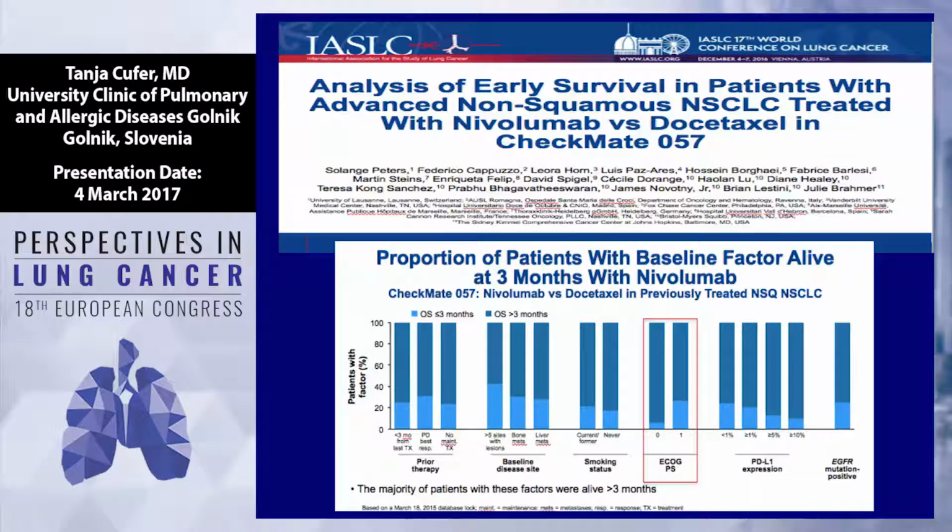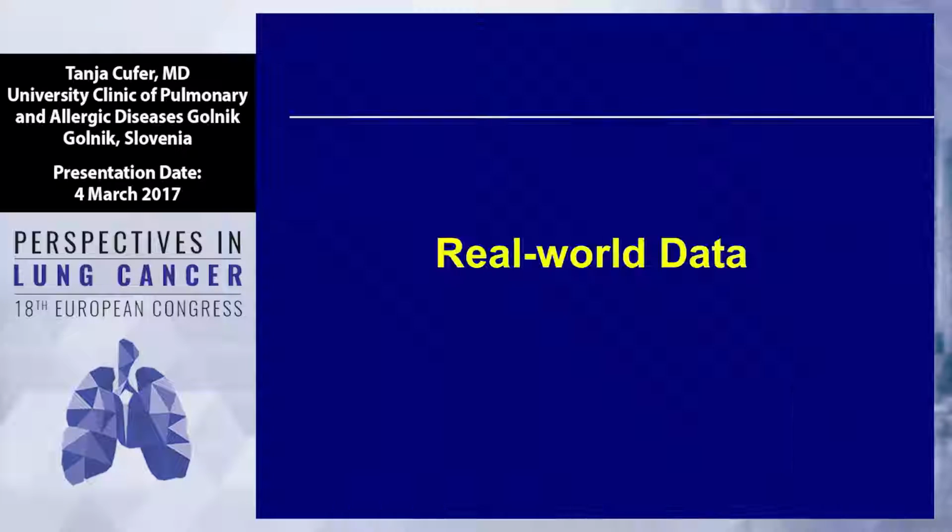Maybe there is some signal. Surely there is a signal for future research and future discussion about how to use immunotherapy in performance status 2 patients. Just to conclude with some real-world data.